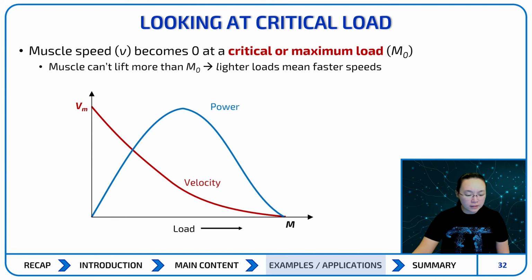So before I leave this slide, I want to mention that in blue over here, you can see the power that's being developed by your muscle as you increase the load. As you increase the load, you're supplying a lot of power, but as you surpass a certain threshold, your power is going to decrease.